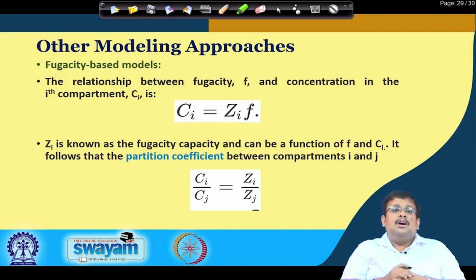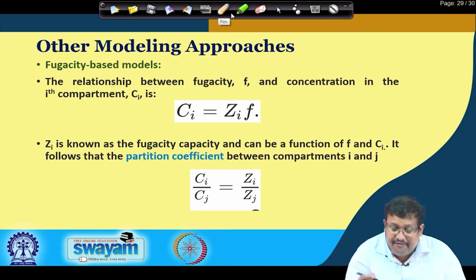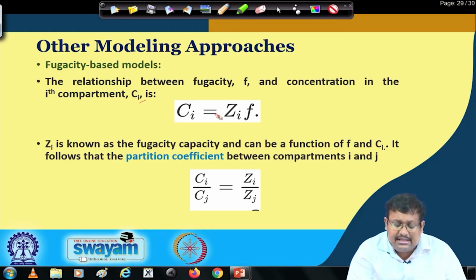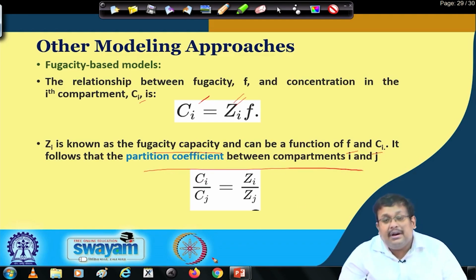If you see the mathematical expression of fugacity, the relationship between the fugacity, which is denoted by f, and the concentration of the ith compartment, that is C_i. C_i can be calculated as a multiplication of Z_i into f. Z_i is known as the fugacity capacity and can be a function of both f and C_i. Now, it follows the partition coefficient between compartment i and j.